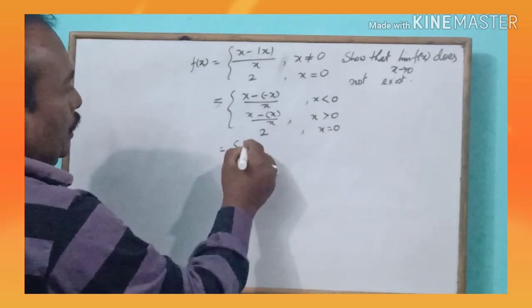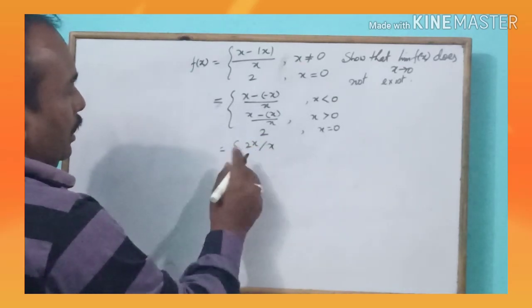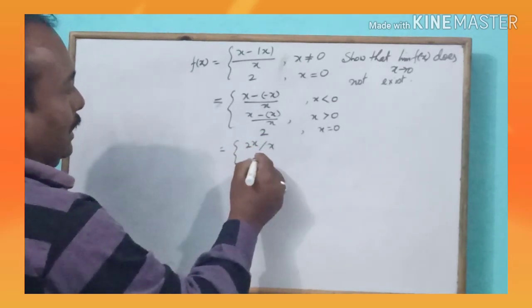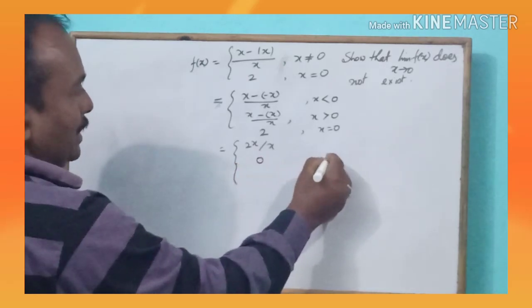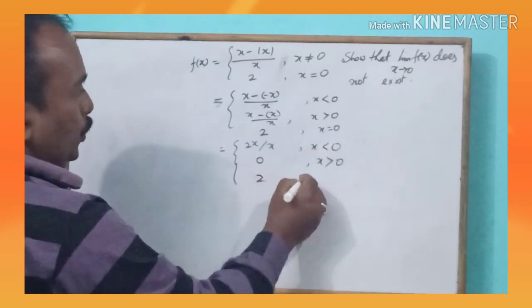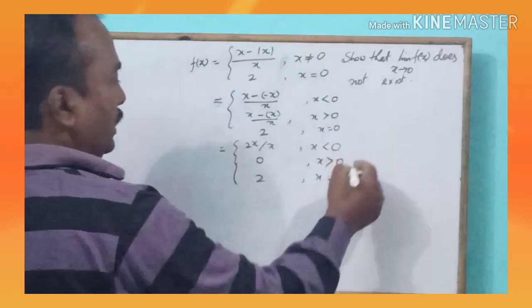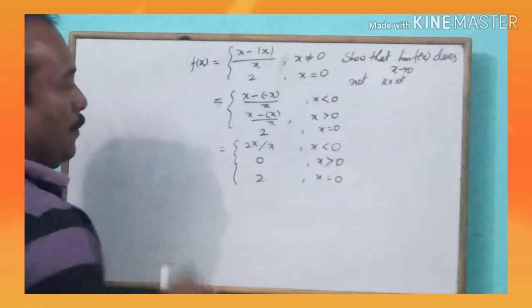Further, 2x by x, and here it is 0 when x is greater than 0, 2 when x is less than 0, 2 when x equal to 0. So this is 2, 0, 2.